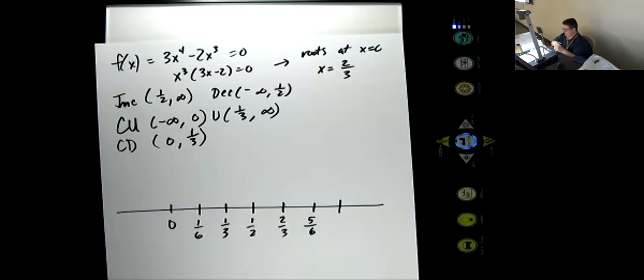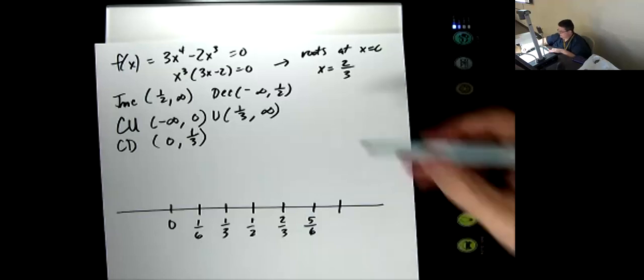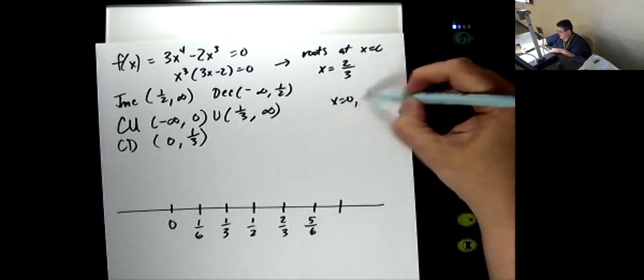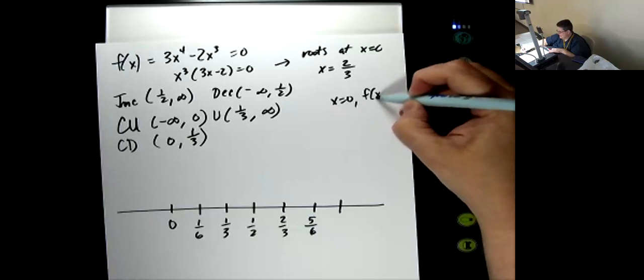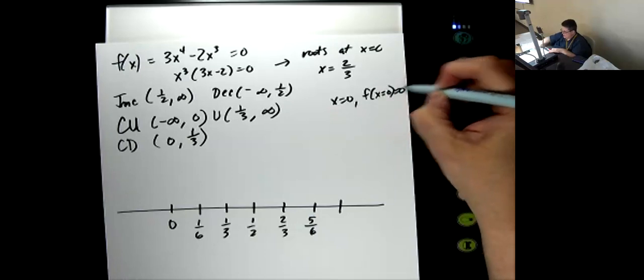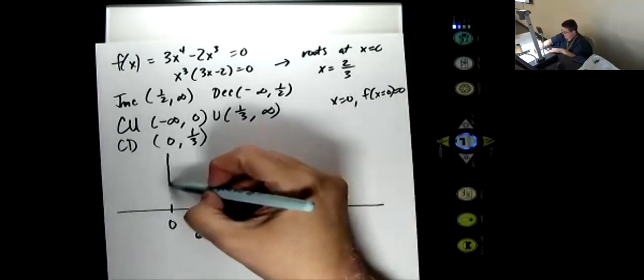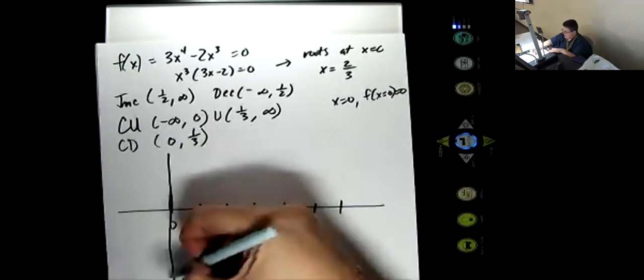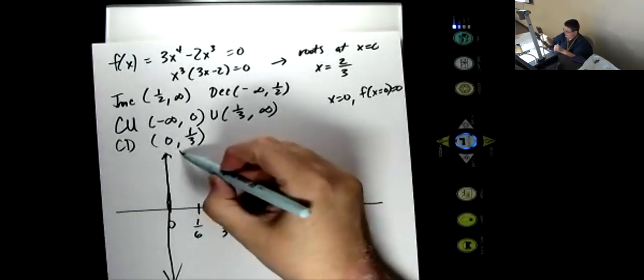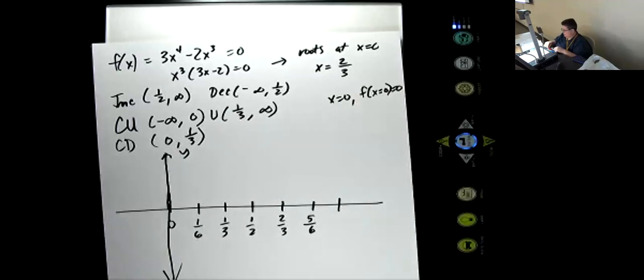And actually, if I plug in x equals 0, f of x equals 0. So I could put a y-axis here. I'm just not going to find out where everything changes. We're going to do just a little quick sketch of what's going on.